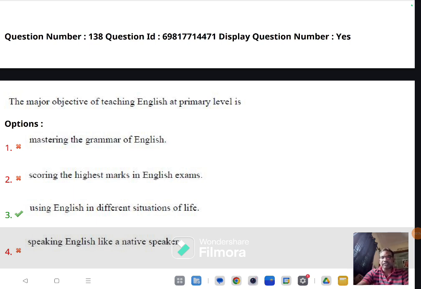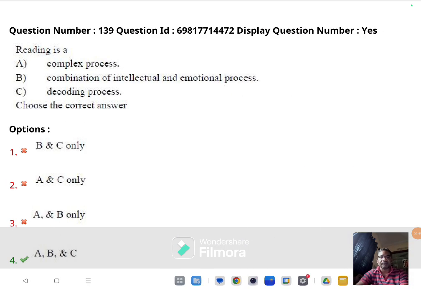Actually the major objective of English at primary level is using English in different situations of life. Whenever they go, they are supposed to speak English, so we need to lay a foundation. That's the right answer, not grammar, not scoring highest marks, not speaking like native speakers.